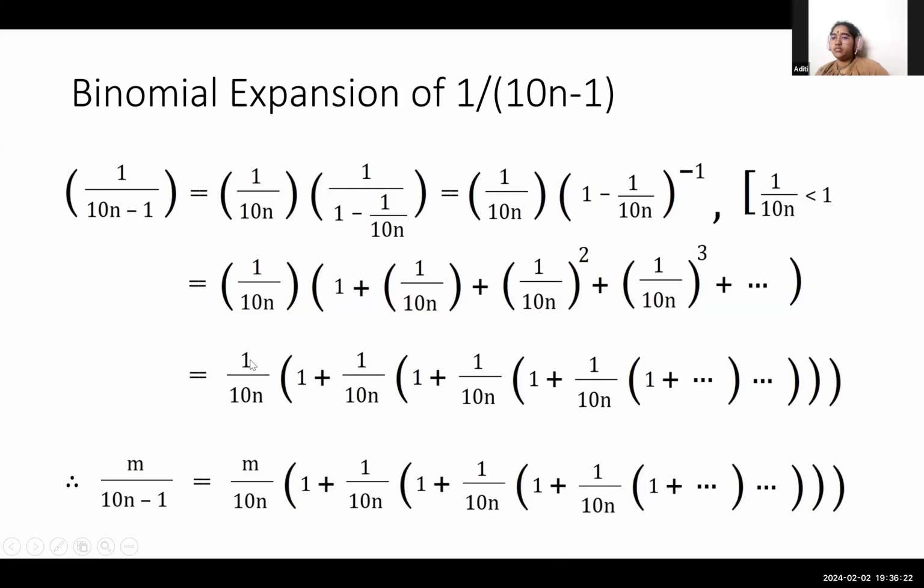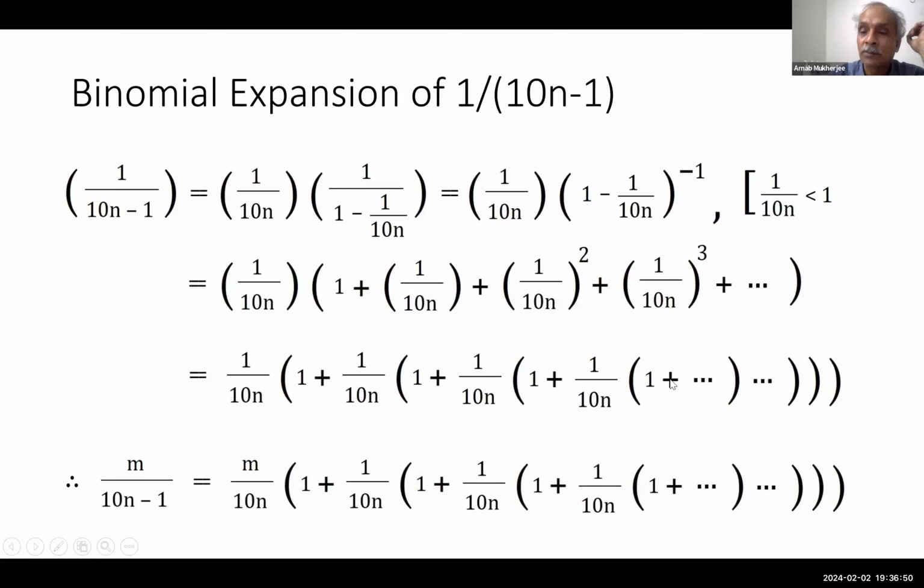Suppose we take 5 by 19. Then it will be 5 by 20 times 1 plus 1 by 20 plus 1 by 20 squared, and so on.